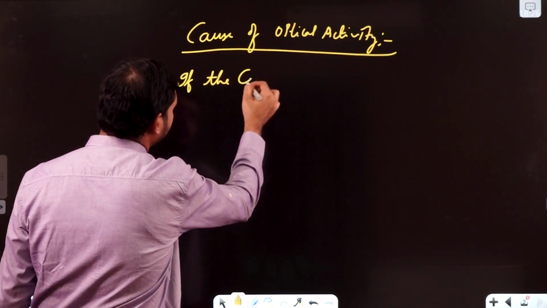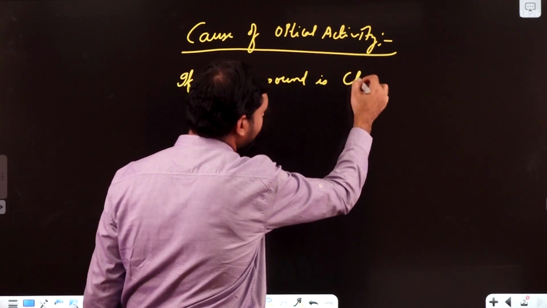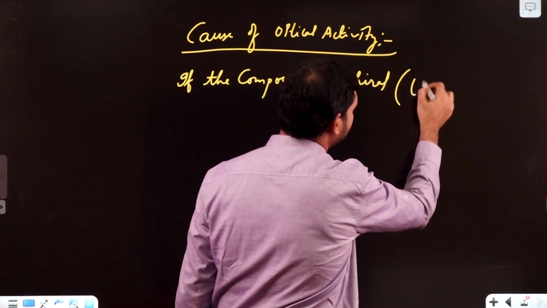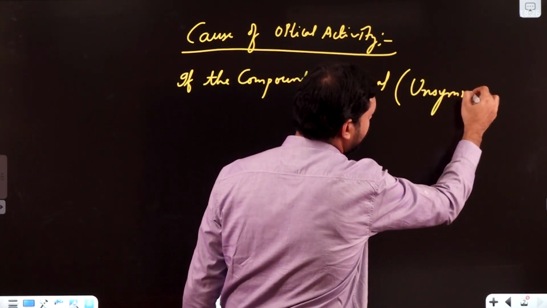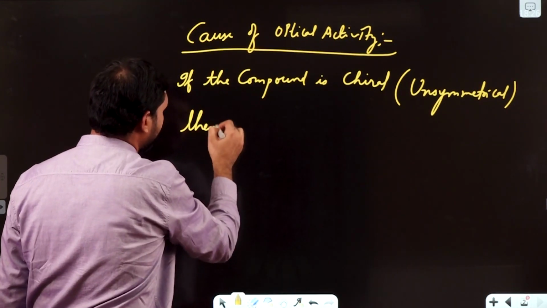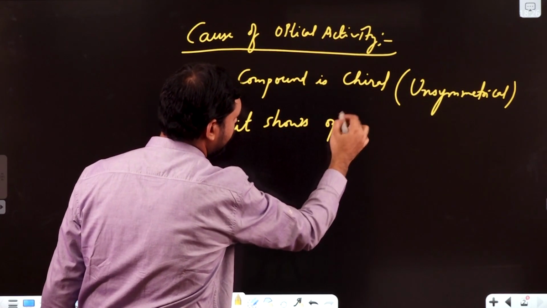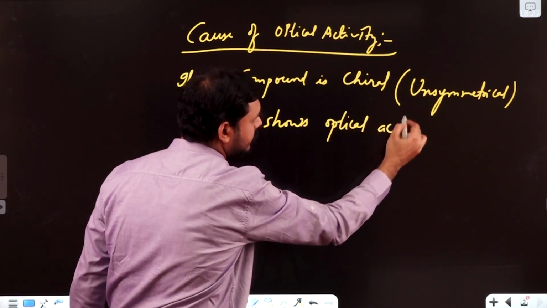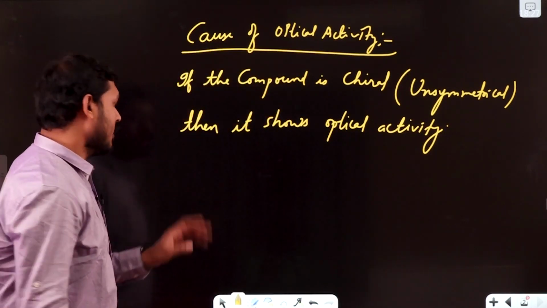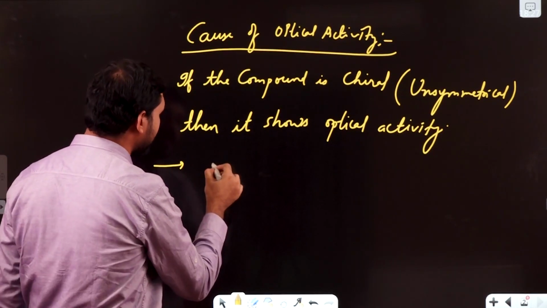So the reason is, if the compound is chiral, as per the meaning of chiral, unsymmetrical, then it shows optical activity. Again, if I say chiral, it means unsymmetrical.